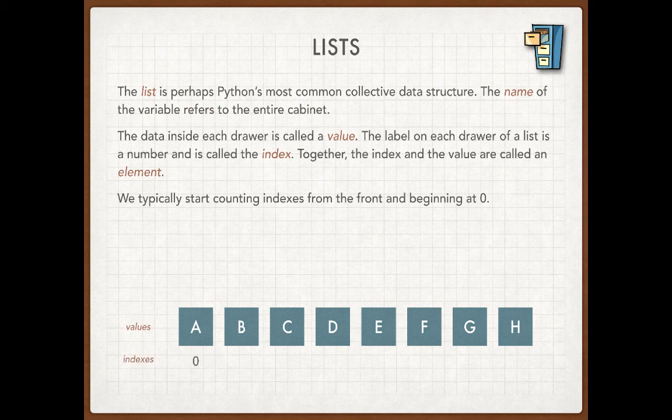So these 8 drawers in this list are going to be numbered 0 through 7. And we always start counting at 0. In fact, in class I have this mantra, this little gig, and I come in, I'm like, hey, indexes start counting at, and everybody yells out 0. And you can do that at home on your own time. But this is what's pretty crucial about this. We always start counting at 0.